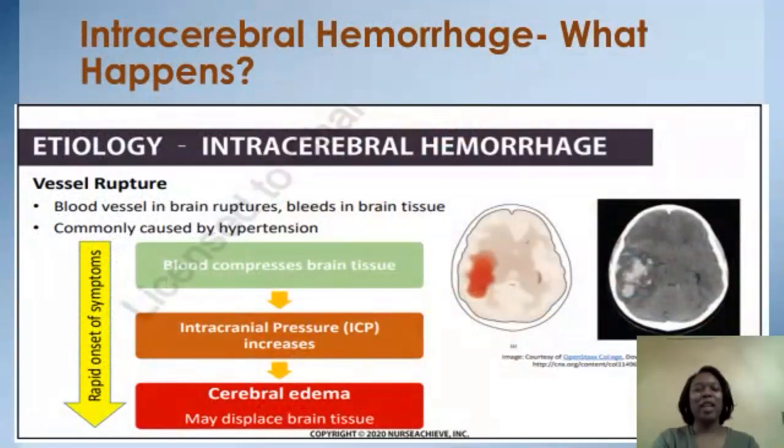So what exactly happens with an intracerebral hemorrhage? A vessel ruptures from a weakened wall, which is called an aneurysm, and this rupture causes bleeding in the brain tissue. An aneurysm and intracerebral hemorrhage is usually caused by uncontrolled hypertension.